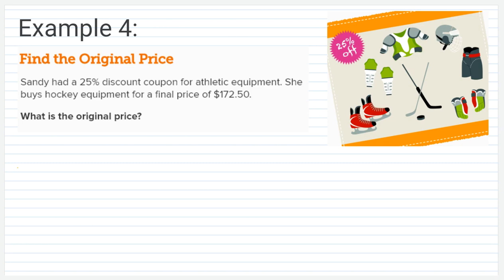So when we do this, the 25% discount doesn't tell us that $172.50, right? So that 25% discount amount, we don't actually know what that is because we don't know how much in dollar amount was taken off from the original price.